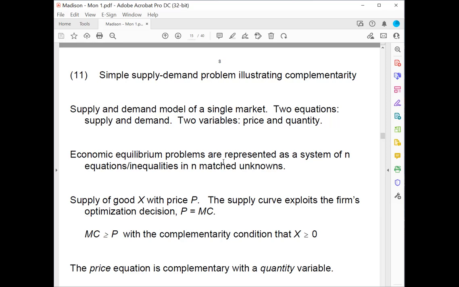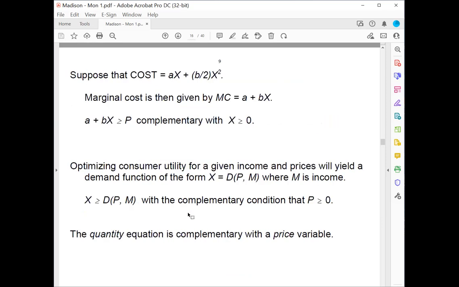So X will be the supply of the good and has a price P. The supply curve exploits the firm's optimization problem. The first order conditions always tell you that price equals marginal cost is the optimal output. And the price equation is complementary with a quantity variable.